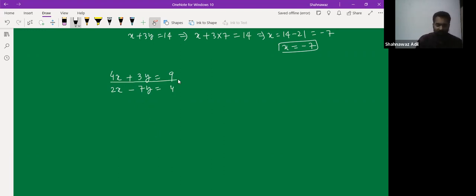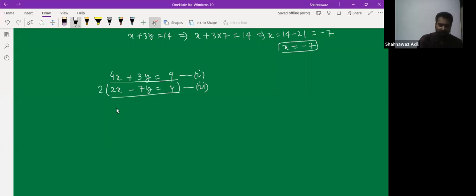So you have two equations. So what should we do? Multiply the second equation by 2.